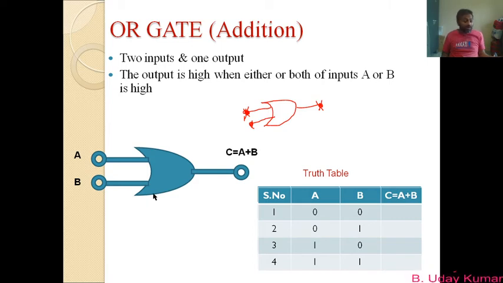We do that in some other video, but its operation can be represented in detail in a table which we call a truth table, denoted in terms of zeros and ones. So what will be the output of this OR gate, that we try to understand here.